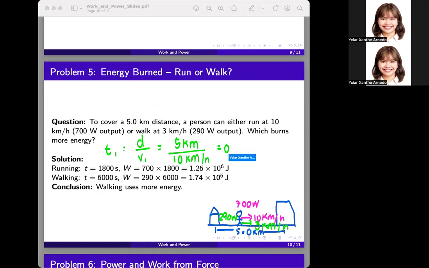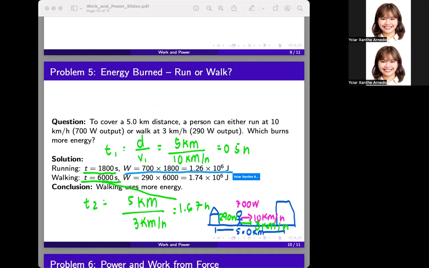So that's 0.5 hours, or if converted, we have 1,800 seconds. So T2, on the other hand, would be 5 kilometers over 3 kilometers per hour. That's 1.67 hours. So that's equivalent to 6,000 seconds. But since P is equal to W over T, we can also compute for work done using W is equal to PT. So we plug that in right here.